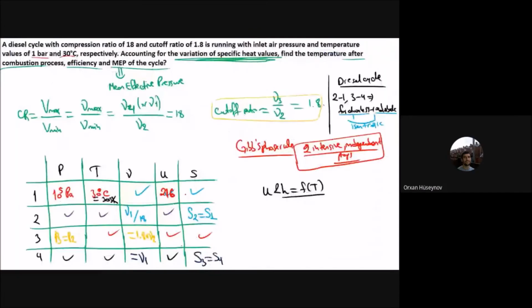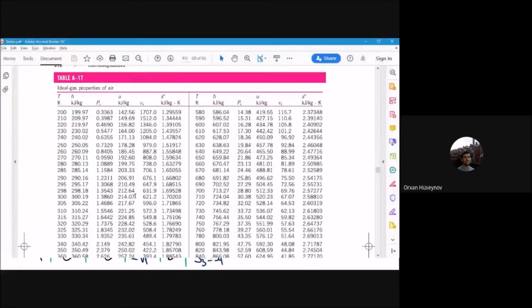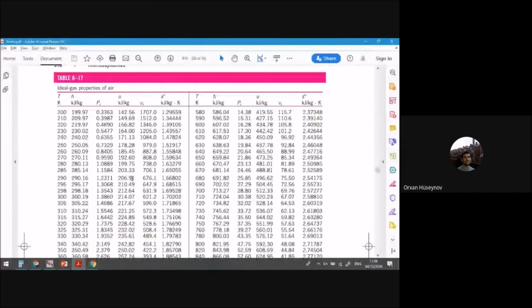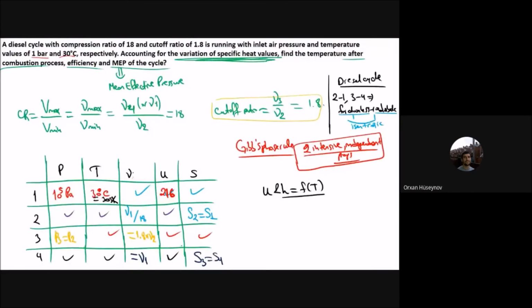Then you have to look for the specific volume value, which is nu, and you can get this nu value from the ideal gas relationship, because P nu is RT. The temperature value is 303 Kelvin, the R value is 287, and the pressure is 10 to the power of 5, and from here you can get the value of nu. This is for the first stage.